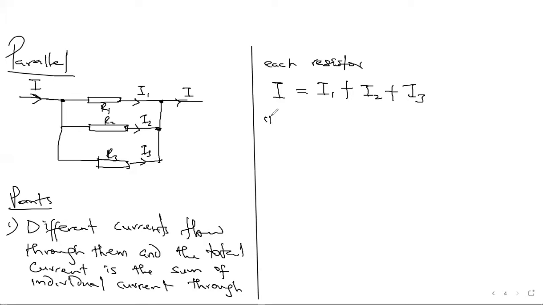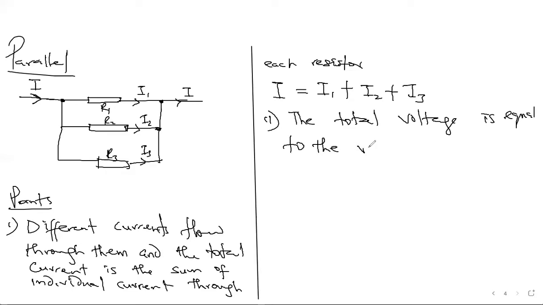Another point you need to note is that the total voltage is equal to the voltage across each resistor. So the voltage is what is the same here. The current is different, the voltage is the same.